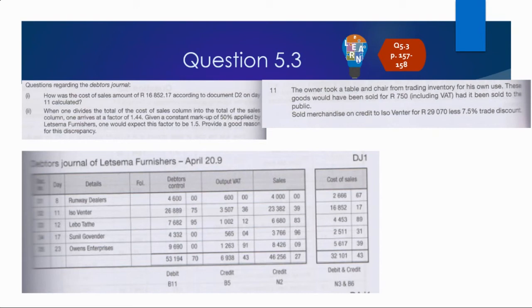Now, if it's before trade discount, how will I calculate that cost of sales amount? What value will I take? So what's my starting point? What value will I start my formula with? What will it be based on?